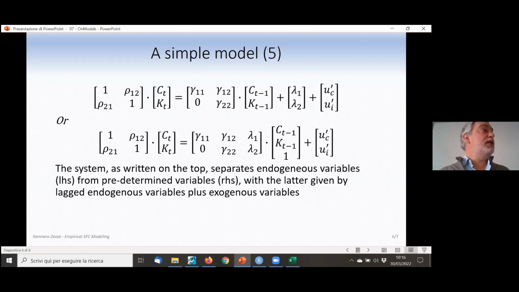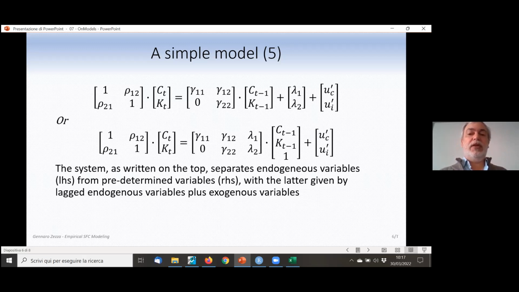And since we have normalized the first matrix on the left, which is the matrix of the parameters giving the contemporaneous connection between consumption and investment, will have only one on the diagonal, then these will depend on the lagged values of the endogenous variables, plus a vector of exogenous variables, plus the random components.